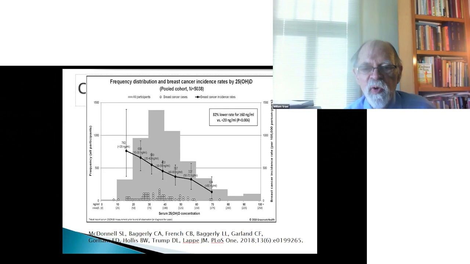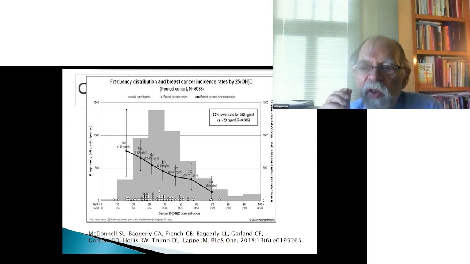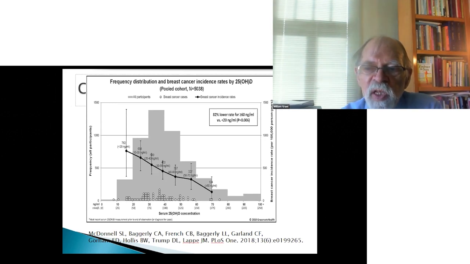And you see it's almost a straight line decrease from low to high. And so it's shown here that there's an 82% lower rate for those who had greater than 60 nanograms per milliliter compared to less than 20 nanograms per milliliter.